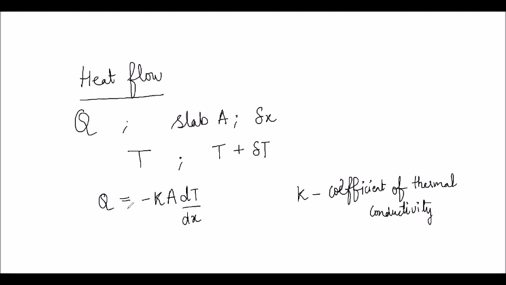We have the negative sign because the temperature decreases with increase in x. Again, this is a differential equation of order 1, which we can solve with the help of variable separation. It will be more clear when we take problems on heat flow.